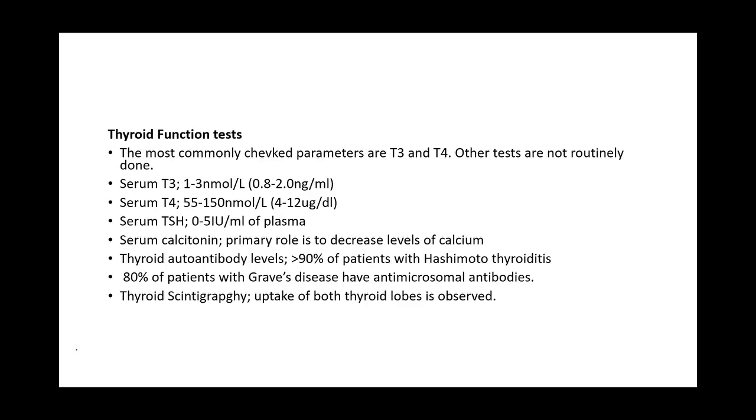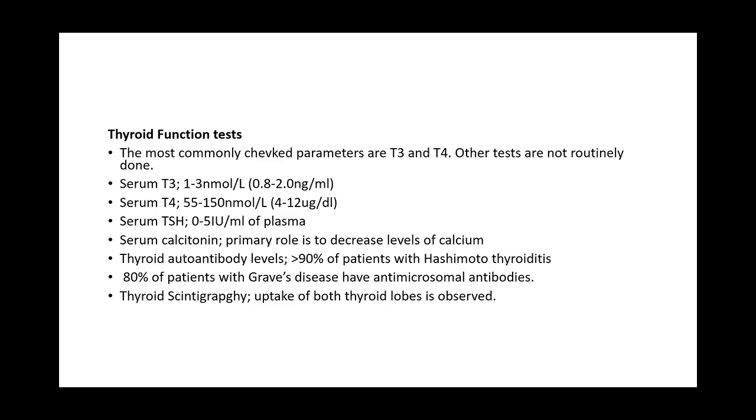Now, when you do thyroid function tests, you should know you are assessing T3, T4, and TSH, and you can also assess calcitonin, whose primary role is to decrease the level of serum calcium.